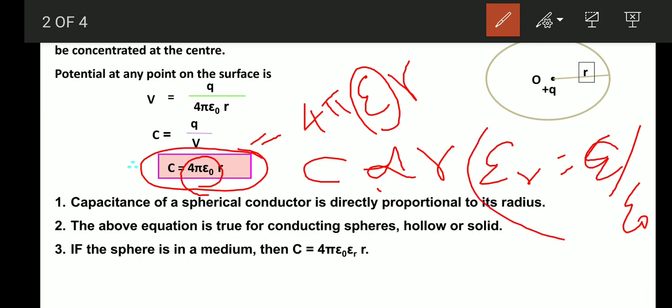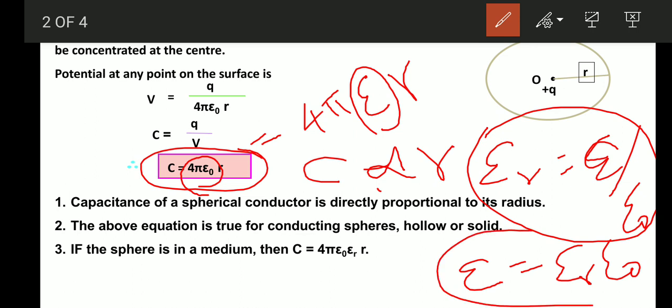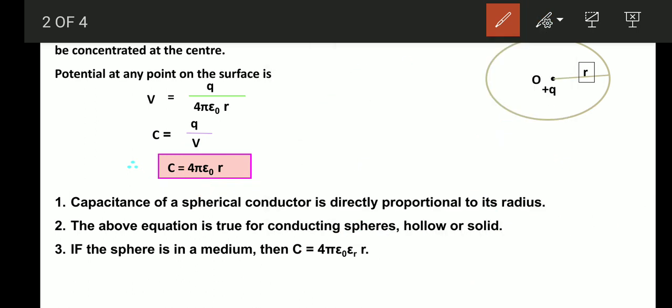From this we can calculate the permittivity of the medium, that is epsilon is equal to epsilon R epsilon naught. Substitute this value instead of epsilon, so that you will get C is equal to 4 pi epsilon naught epsilon R into R, that is the radius.